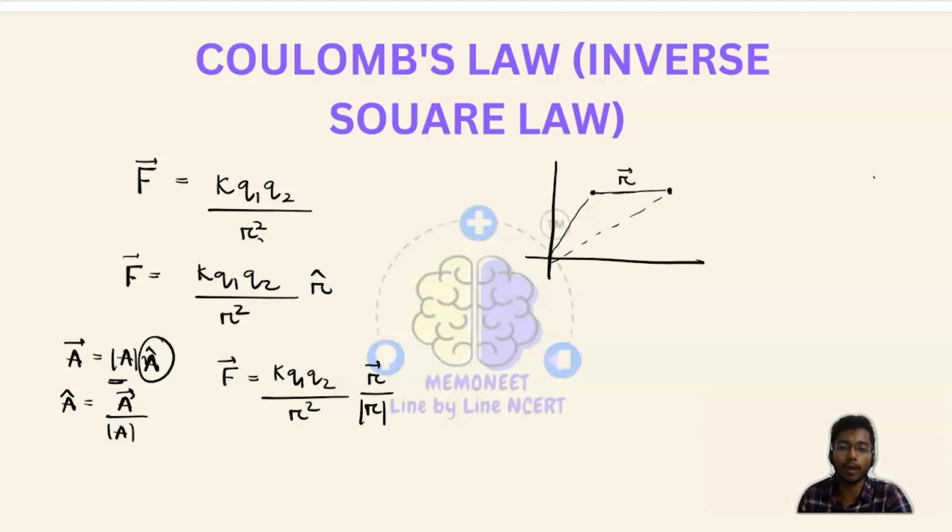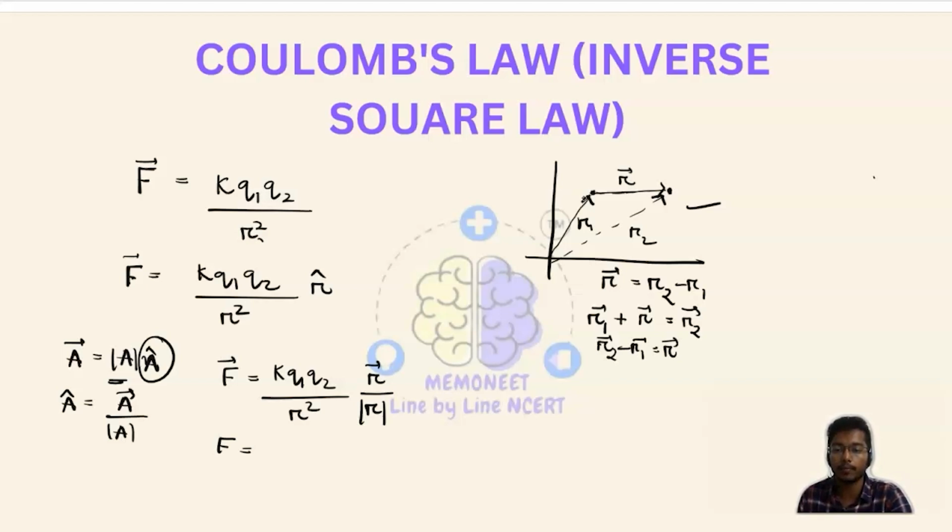What is the value of R here? Let's say it is R1 and it is R2. So R vector equals R2 minus R1. According to this figure, R1 vector plus R vector equals R2 vector. So R2 vector minus R1 vector equals R vector.